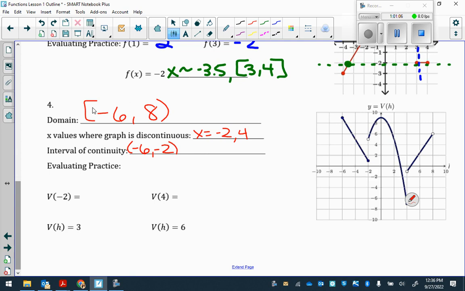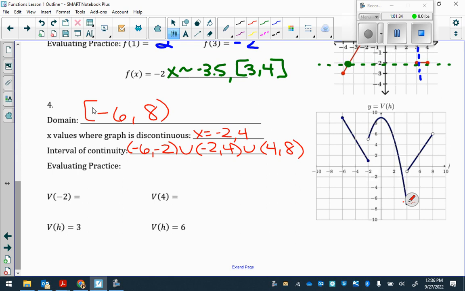Then we jump. Go ahead. -2 to 4. Good. And that's this one here. Then, excellent. So, if you notice, is my domain starting and ending included? Yeah, we're just breaking it up into pieces. That's what continuity means.